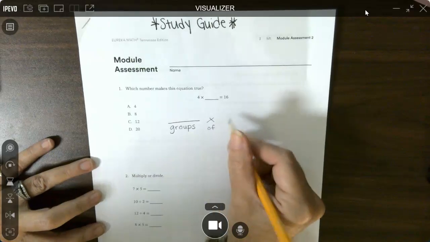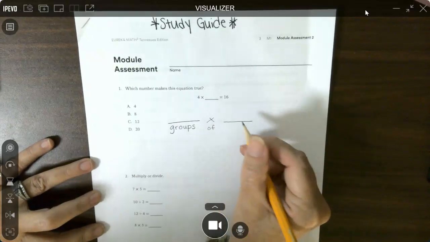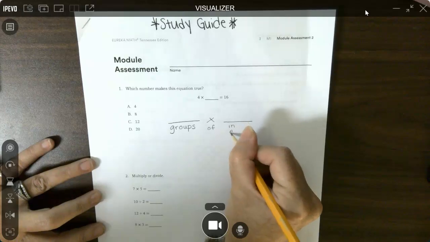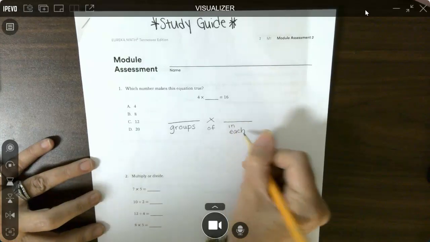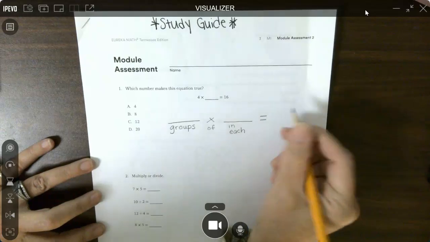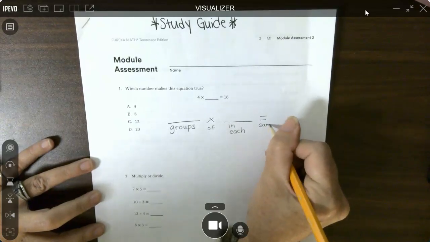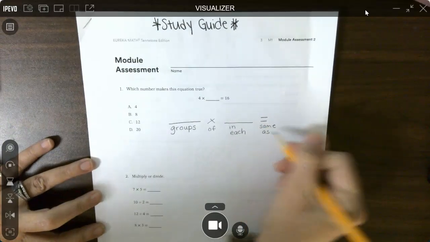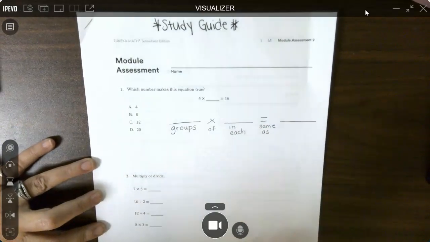We have groups of, and then we have a number that represents how many is in each group. The equal sign represents what is on this side being the same as what is on this side.